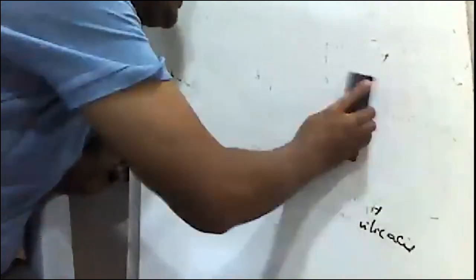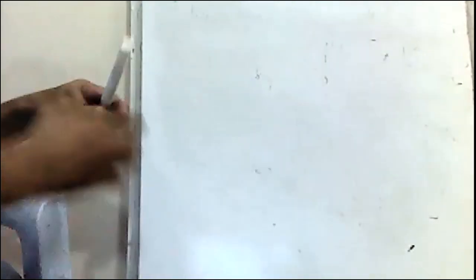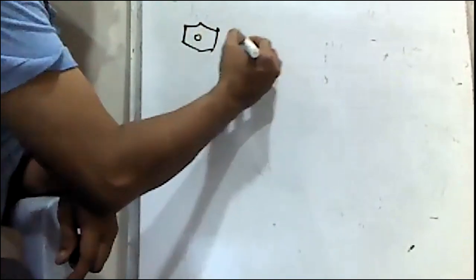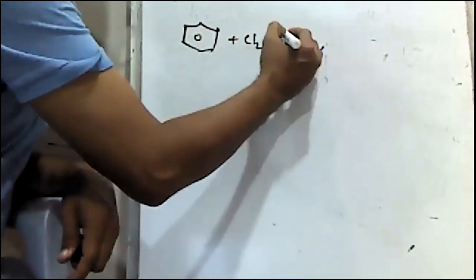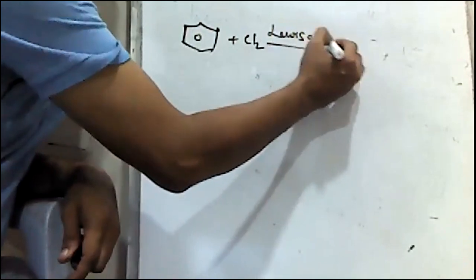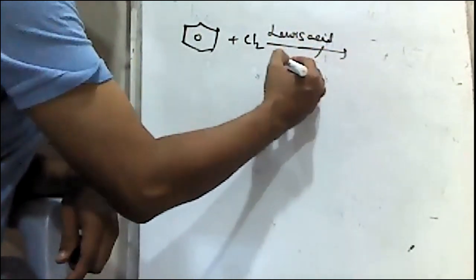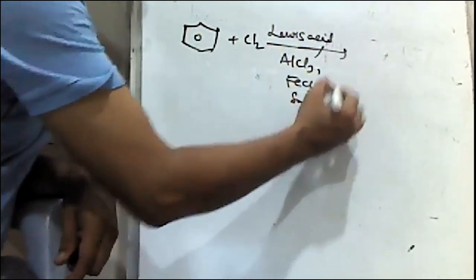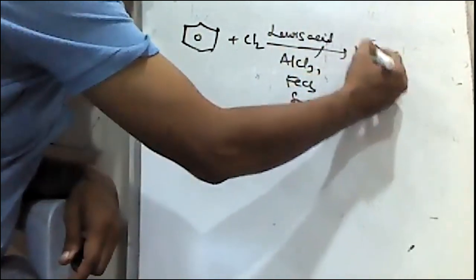Now the third one is bromination. We know that benzene on reaction with chlorine or bromine in the presence of Lewis acids such as AlCl3, FeCl3, or tin chloride forms chlorobenzene.